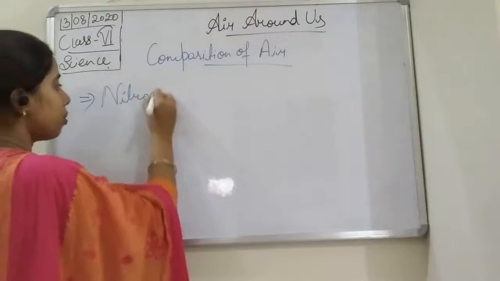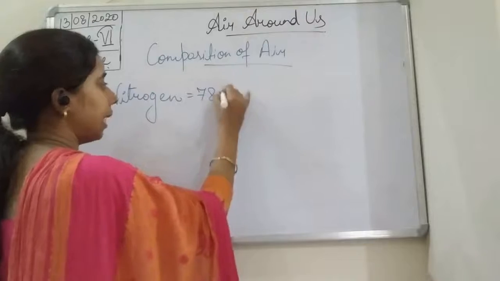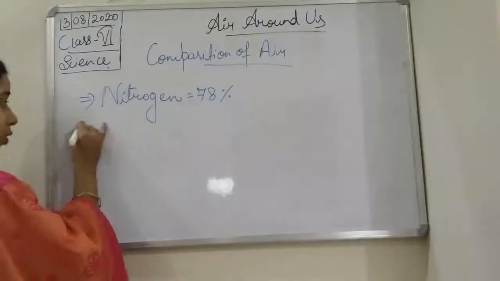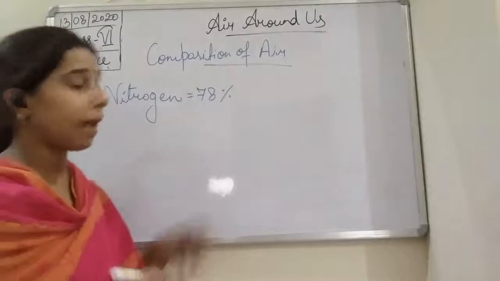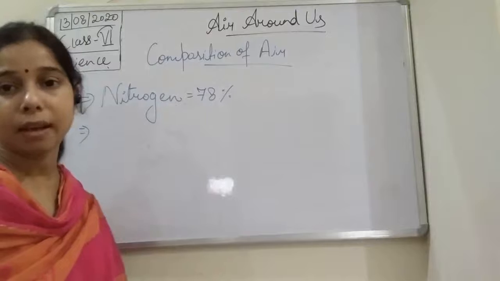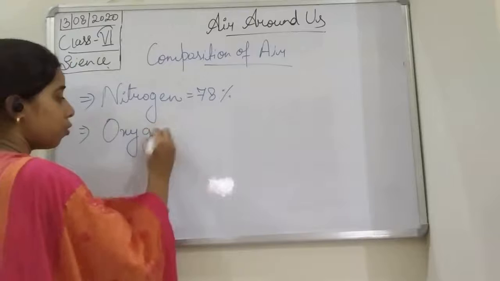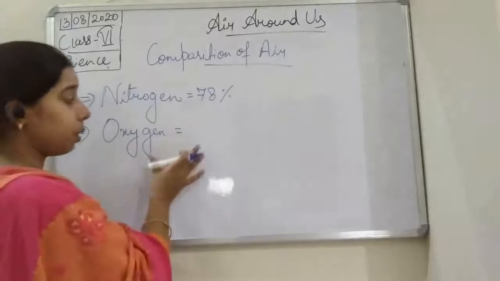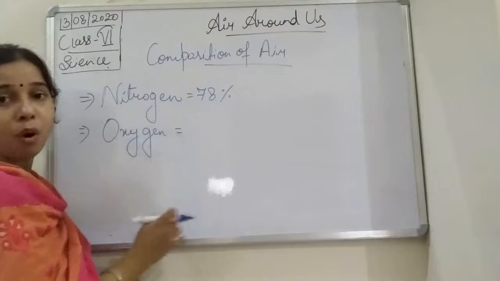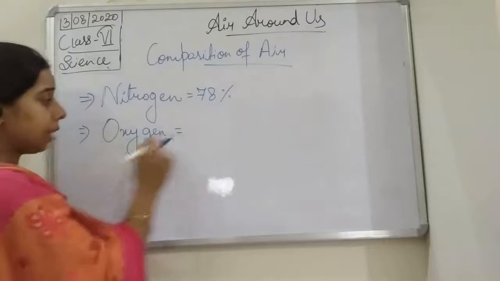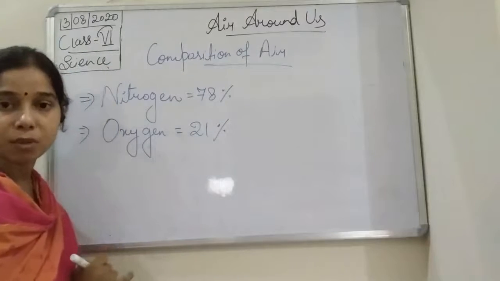So nitrogen will be 78%. Another gas present in the air, which is a constituent of air, is oxygen. So oxygen covers about 1/5 of the total air. Okay, so we can say that it covers 21% of the air present in the atmosphere.